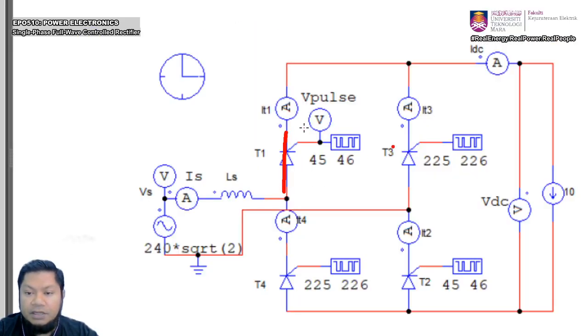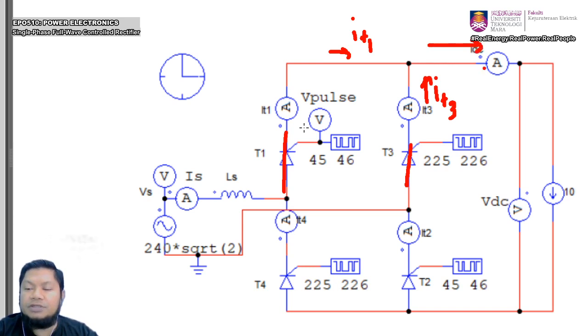Thyristor 1 is on, thyristor 3 is also on, and you have current IT1 here, and you have IT3, as well as a constant current at the output.